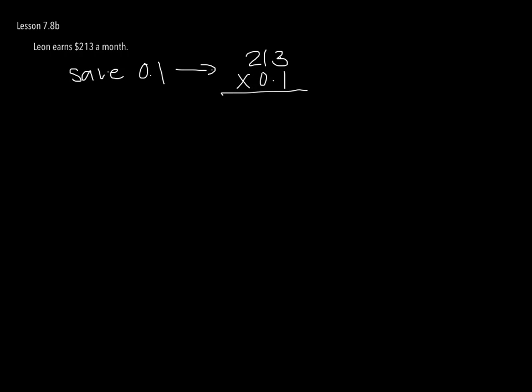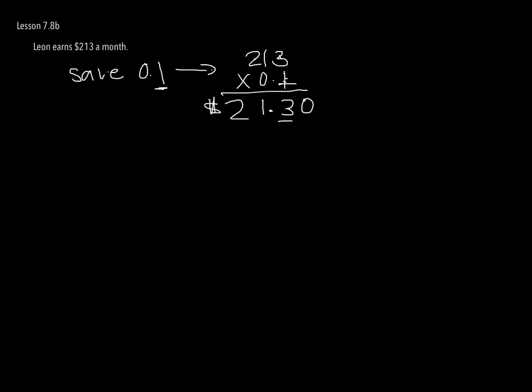We have 1 space to the right of the decimal point, so we're going to have 1. And because we're talking dollars, we're going to add a 0 because it should be 2 digits, and we'll add a dollar sign.